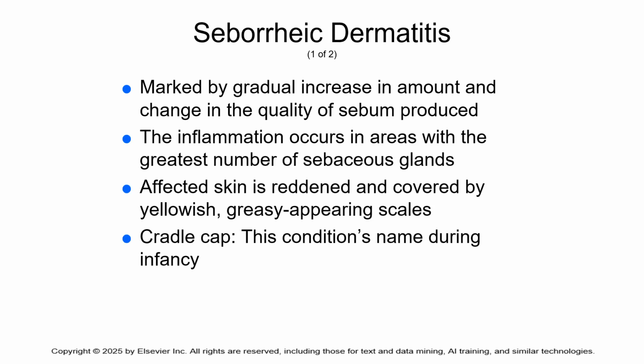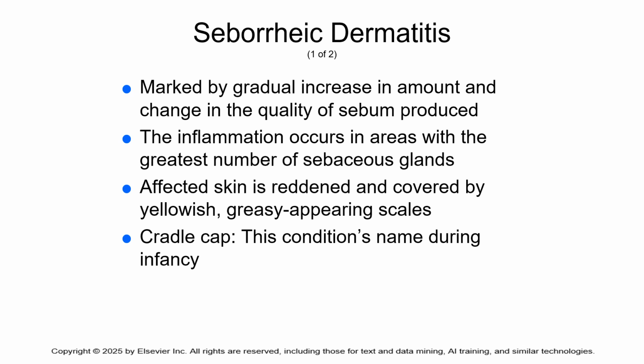Seborrheic dermatitis is one of the most common skin disorders. It's typically an inflammatory condition, usually coming from the oil glands or the sebaceous glands of the skin. Most commonly, it's going to be on the scalp or eyebrows or beside the nose or behind the ears or those kind of areas. We can see it as cradle cap. We see it more in patients who have Parkinson's disease.